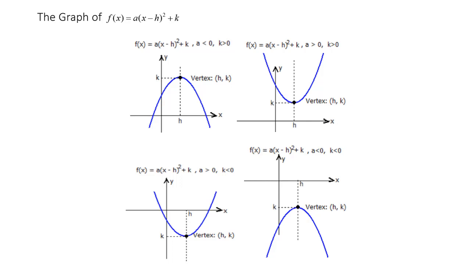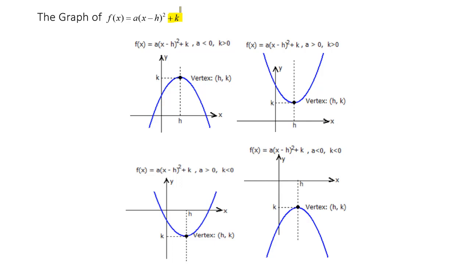Here we're going to continue looking at the graphs of quadratic functions in standard form, and we've added an additional variable to this function. F of x equals a times the quantity x minus h squared plus k. The k is the new addition, and this k will either shift the graph upwards if k is positive, or downwards if k is negative.